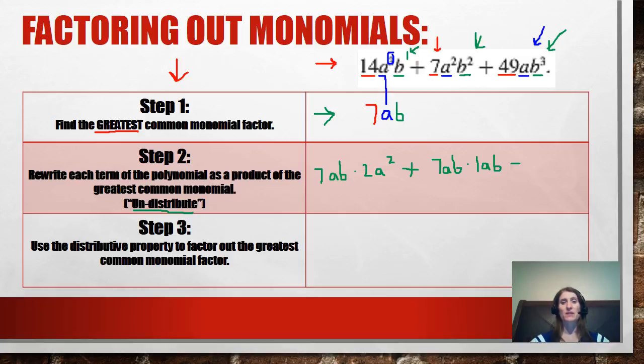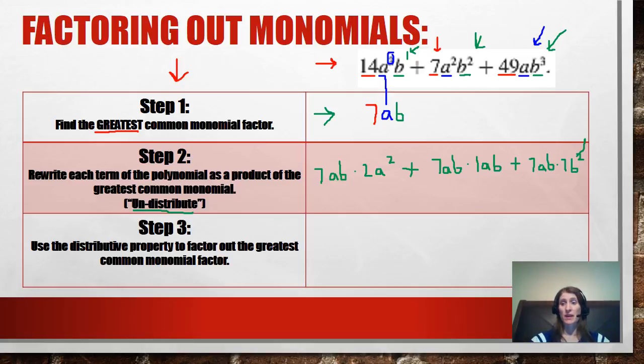Then I still have a plus sign. 49 divided by 7, because I'm going to take out my 7ab, leaves me with 7. Okay? And taking out an a leaves me with no a's. And taking out one b leaves me with two b's. Oh, goodness, that pen got crazy. Okay, so there's step 2.